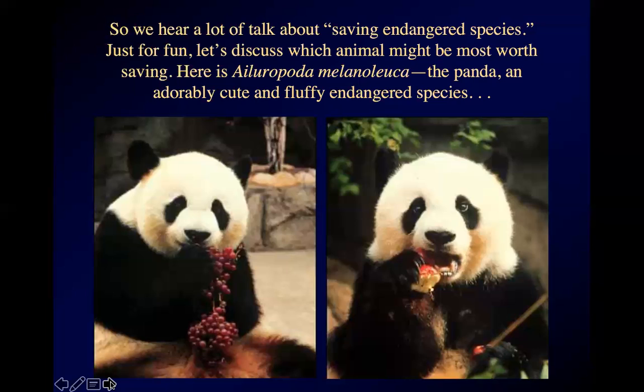So just for fun, there's an endangered species right there. Ailuropoda melanoleuca, the giant panda, an absolutely adorable, cute, and fluffy endangered species. That just probably makes you want to go up and cuddle it.